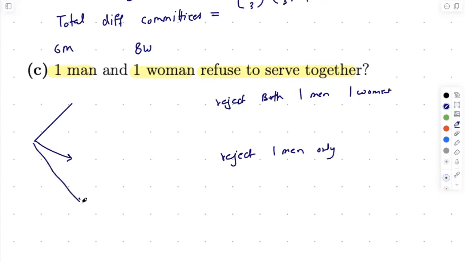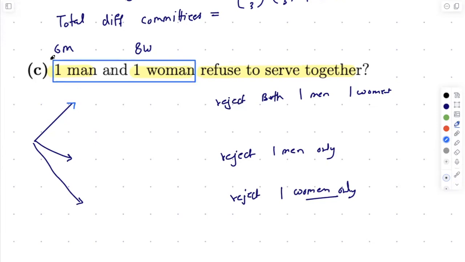And there may be a third situation: we reject one woman. So these are the only 3 possibilities. In all these 3 possibilities, the committee will work. The only condition in which the committee will not work is when this particular one man and one woman are together. So just don't allow them to be together.